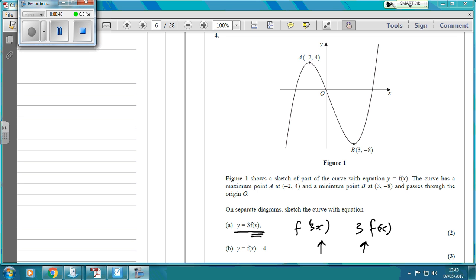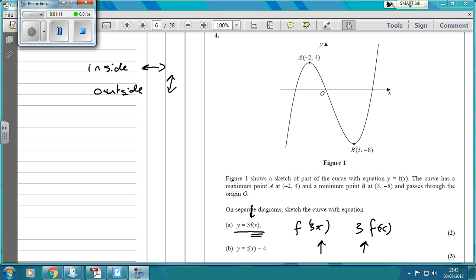So the key thing to remember is when it's inside the brackets, inside means left and right. So it's either going to be moved left and right, or it's going to be squished or expanded left and right. When it's outside the brackets, like this one here, the 3 is on the outside of the brackets, it means that we're working vertically, up and down.